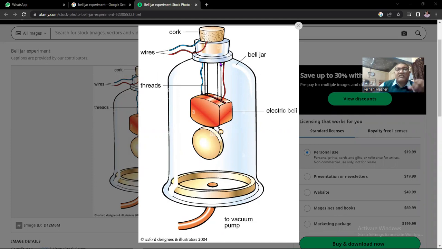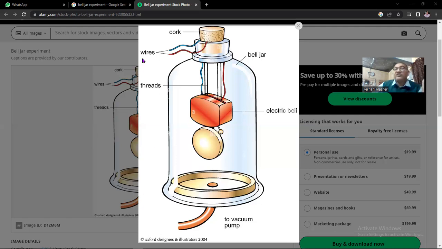We put a cork in this hole, and with these wires and the threads, we have here an electric bell, and this bell jar is put on a table, and here we have a hole through which we connect a vacuum pump with it. On these rings we put some grease to air seal it, so no air can come in, no air can go out.